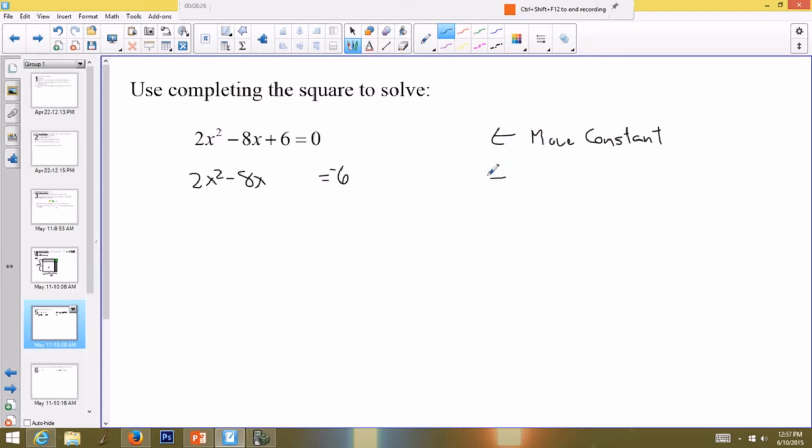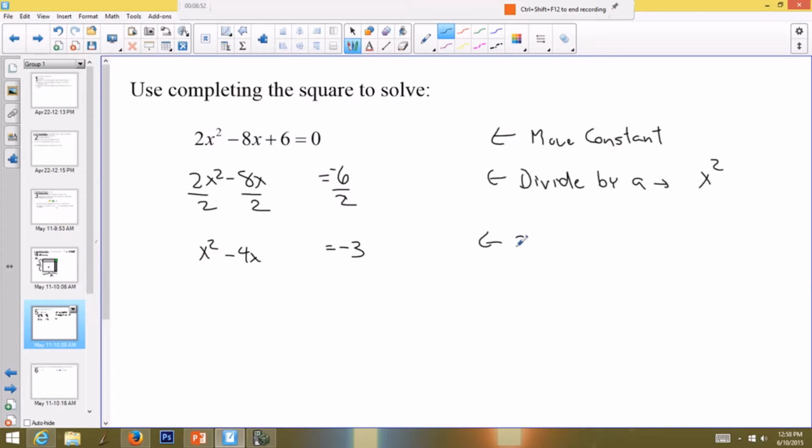Now, I have to divide by a so that I get just x squared, so that the coefficient in front of the x squared is just 1. So I'm going to divide everything by 2, and because I'm doing it to all the sides, I haven't changed the function, so I get x squared minus 4x equals -3.